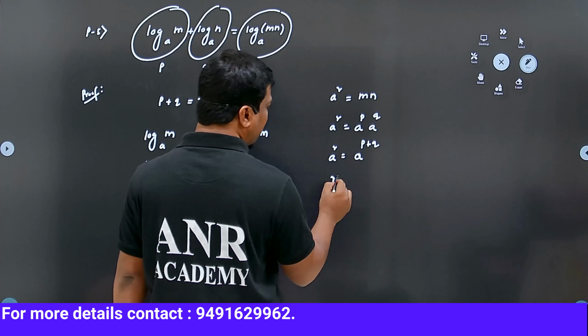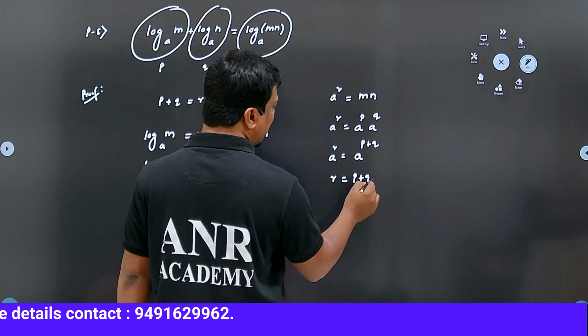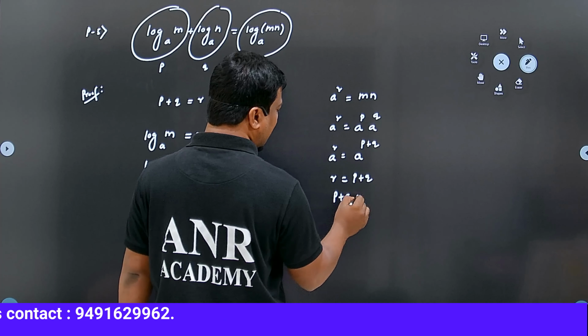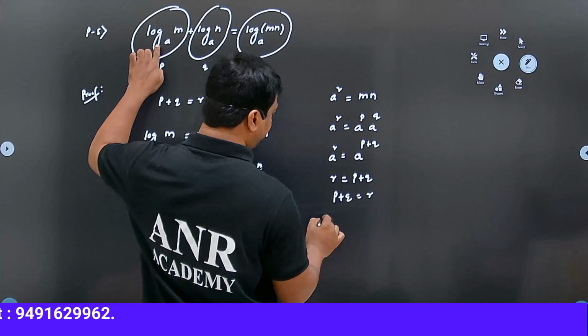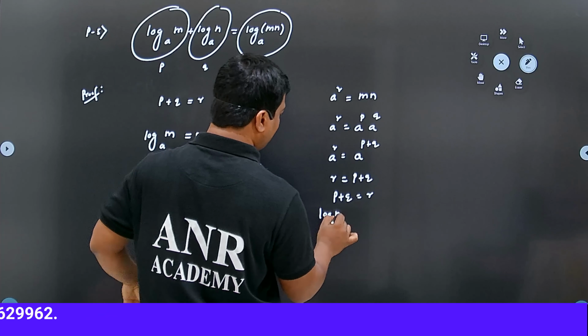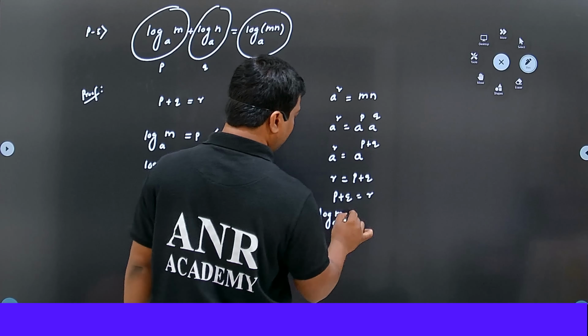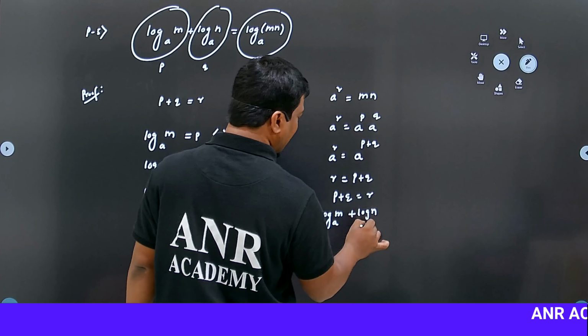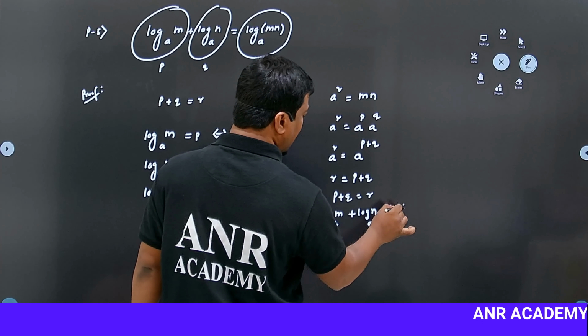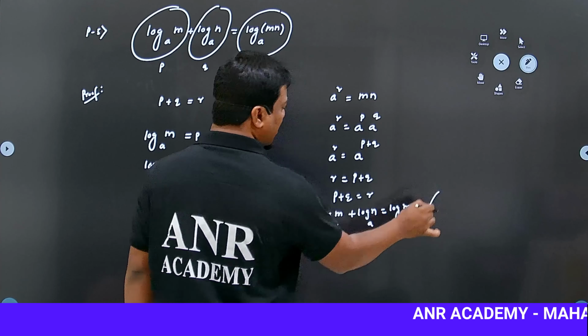Due to same base, r becomes p plus q. P plus q equal to r, nothing but log m to the base a plus log n to the base a equal to log mn to the base a. This is the result.